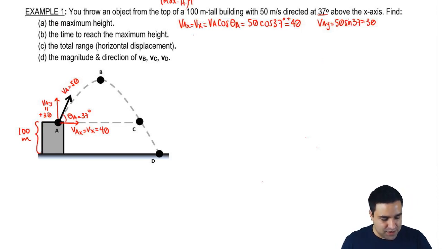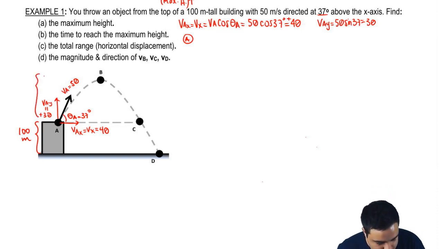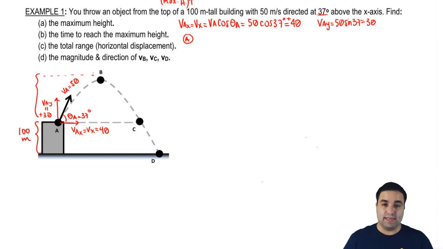Now let's see what they're asking us. They're asking us for the maximum height. As you look through your five variables of motion, you should identify that the maximum height has to do with your delta y. But it's not just your delta y from A to B. Instead, it is this original height here, 100 meters, plus the height from A to B. That's your total maximum height.